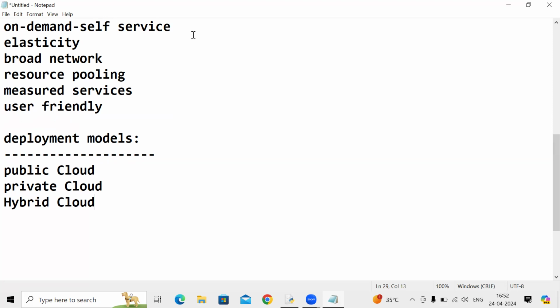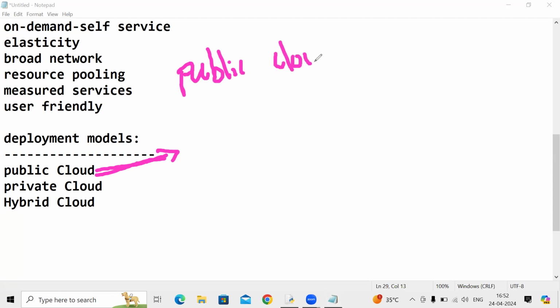Public cloud, guys. In the name itself, it is saying that it is public. Public is nothing but a group of people, whoever wants to use it.